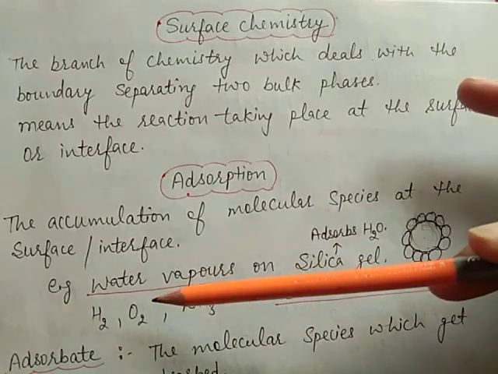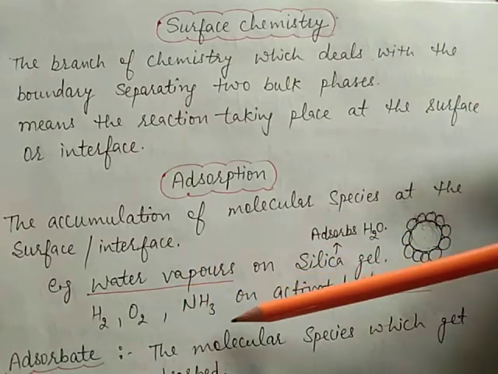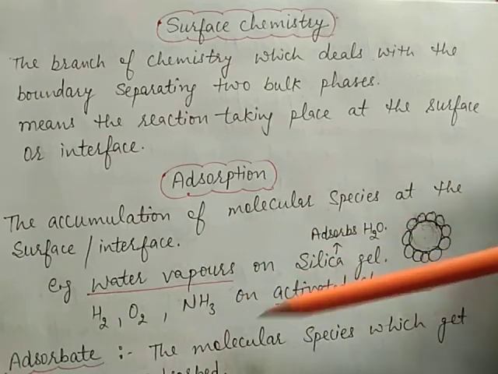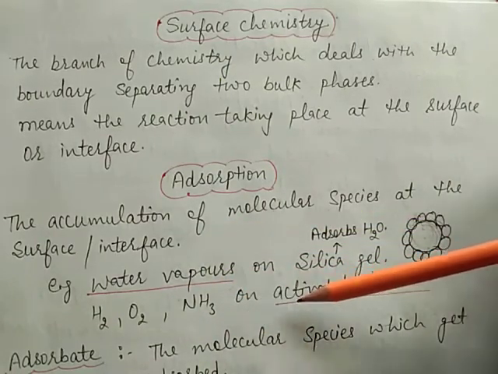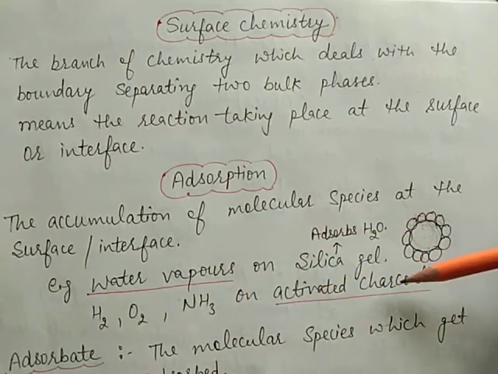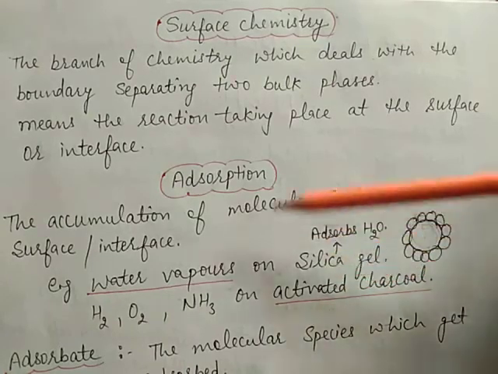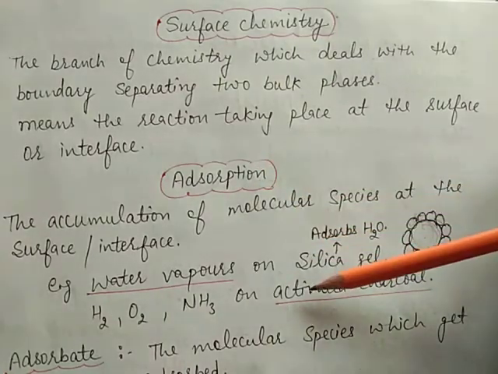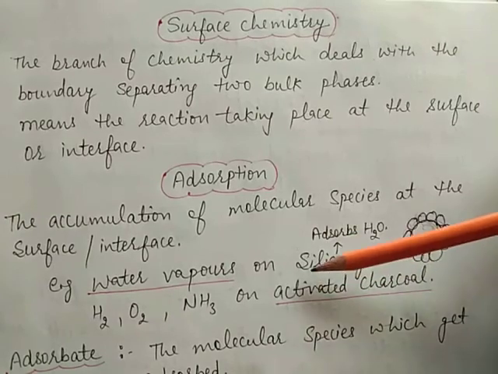Other examples like H2, O2, NH3, these are gases which are adsorbed on activated charcoal. Means this process is also an adsorption process.